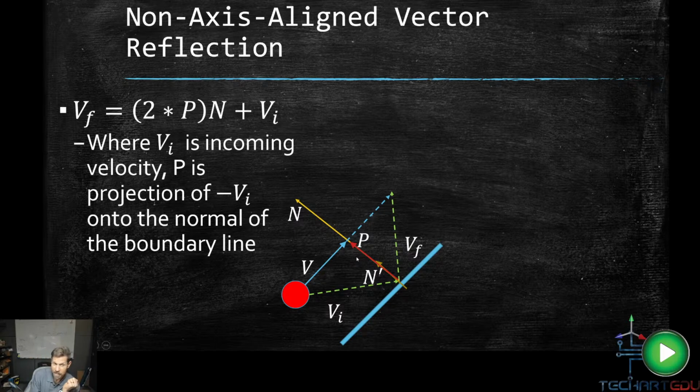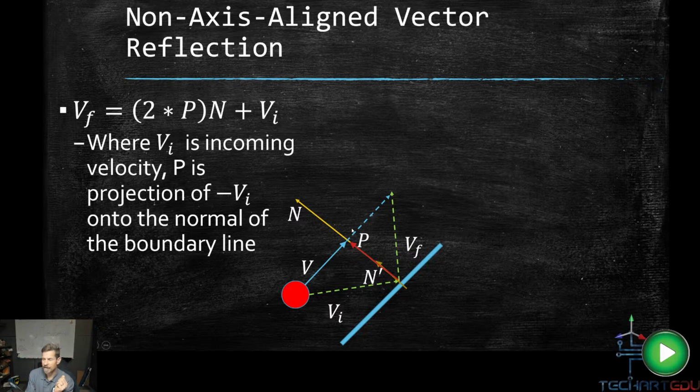Well, there's a formula for that. The final velocity of this object is 2 times p, dotted with n, plus the initial velocity.